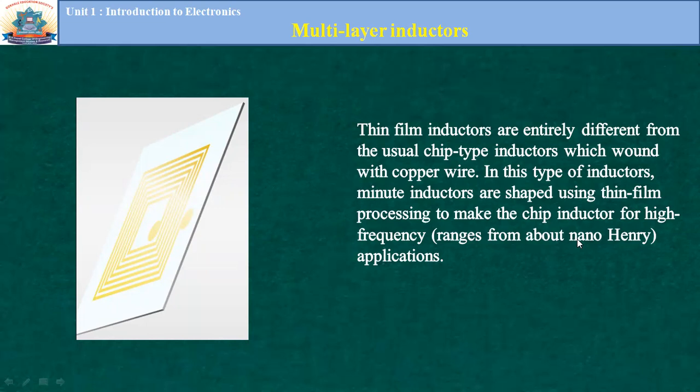This inductance is very small, nanohenry. When we combine capacitors of nanofarad with this nanohenry, the resultant frequency range is very high, up to gigahertz and terahertz. So high frequency applications will require such components.